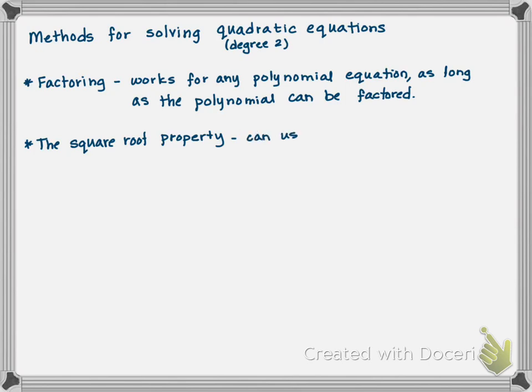We can use it when the equation has the form something squared. So either it's a single variable squared or it's something else in parentheses, and then the only thing outside the parentheses is that exponent of 2, equals a constant.